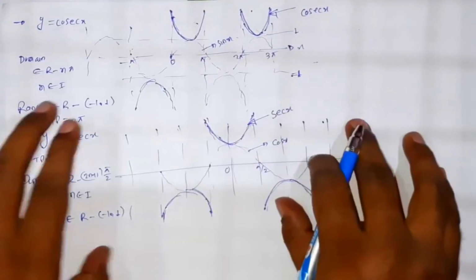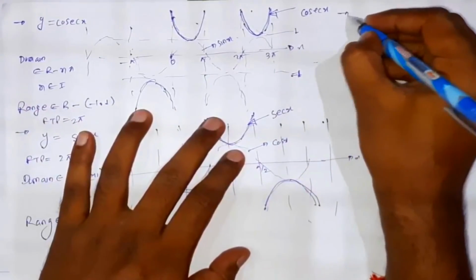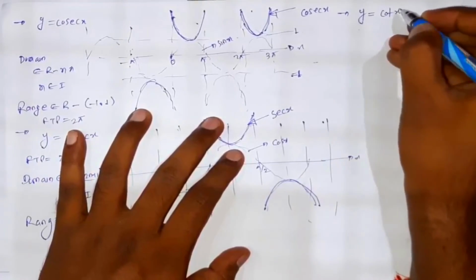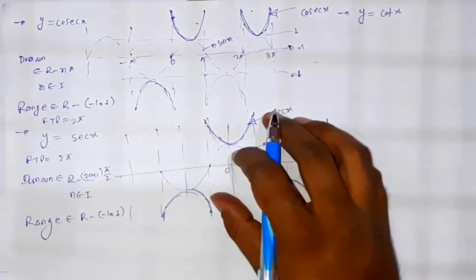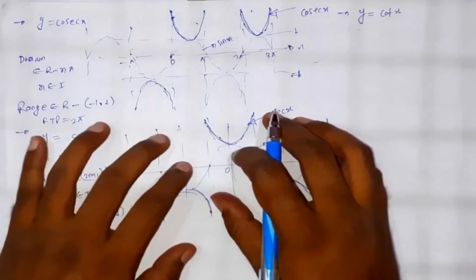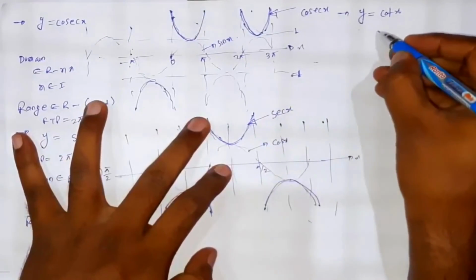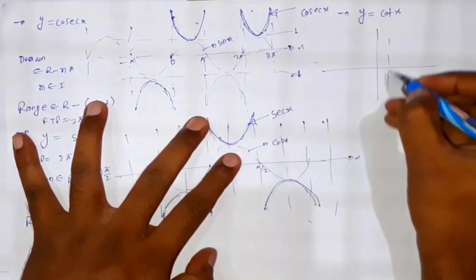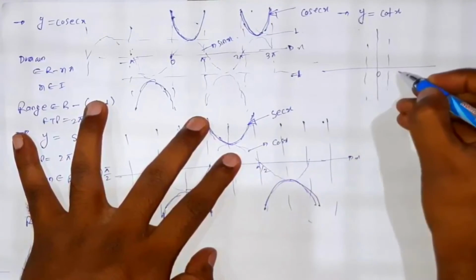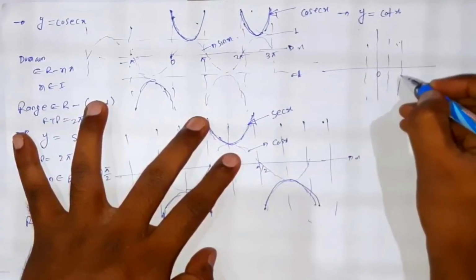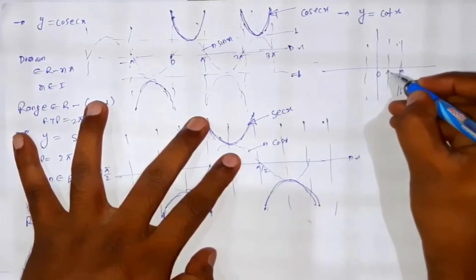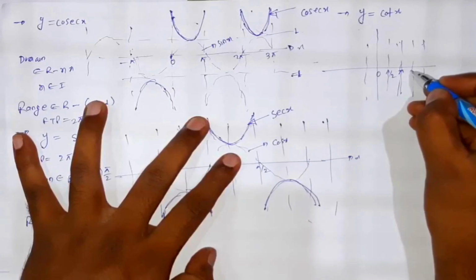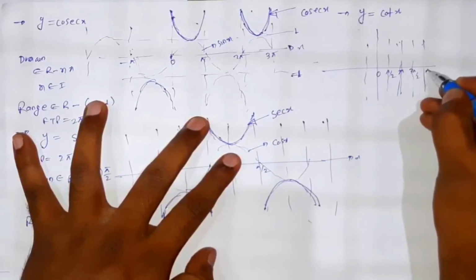Now we will draw the graph of y equals cot of x. We will simply draw the graph of y equals cot of x; it will be a decreasing function. The graph of cot of x will be like this: 0 to pi by 2, this is 3 pi by 2, this is 2 pi.